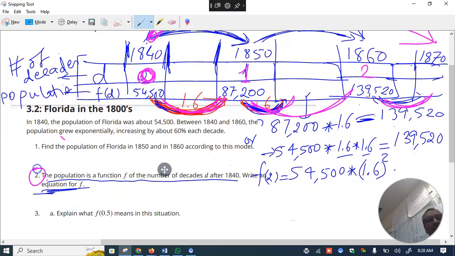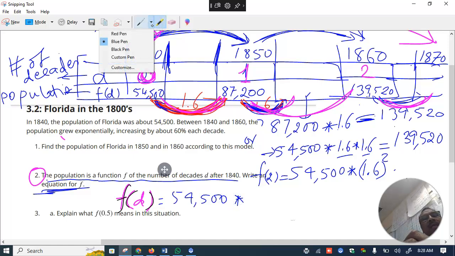That's question number 2. So we write f of d equals, and I'll use d for the important number. Blue is what you had as the population in the beginning, times the B, that is the growth factor, in red.